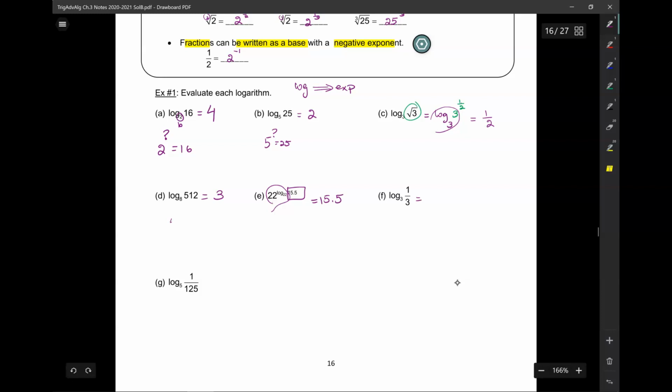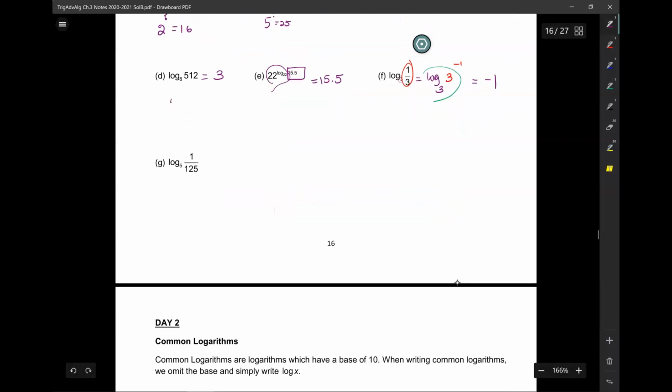Here, I have a 3 and a fraction, right? Let's get rid of that fraction. So what I'm going to do is rewrite the 1/3 as 3 to the -1. So now look, log base 3 of 3 goes away. What do I have left? -1. Next, look at this. I have a whole number and a fraction. We need to rewrite it again.